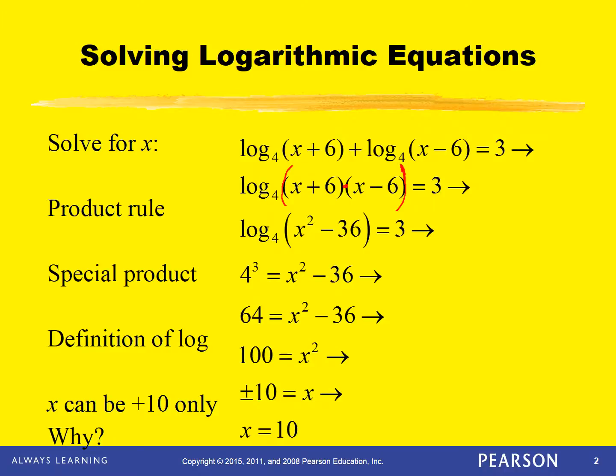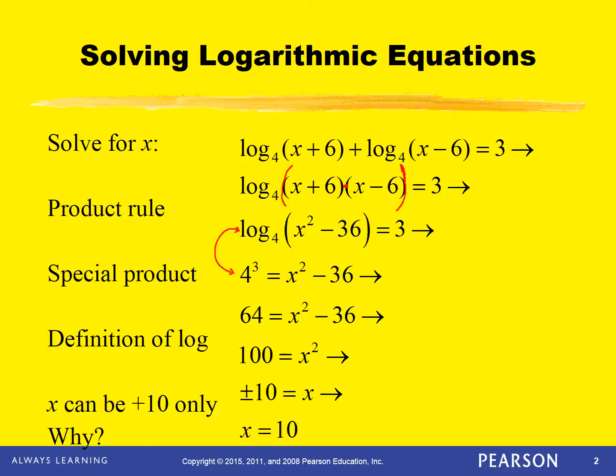And then we simplify. X squared minus 36 is the same thing. Then what we did, the key move here, is we wrote the logarithmic equation as an equivalent exponential equation. And that is using the definition of the logarithm.